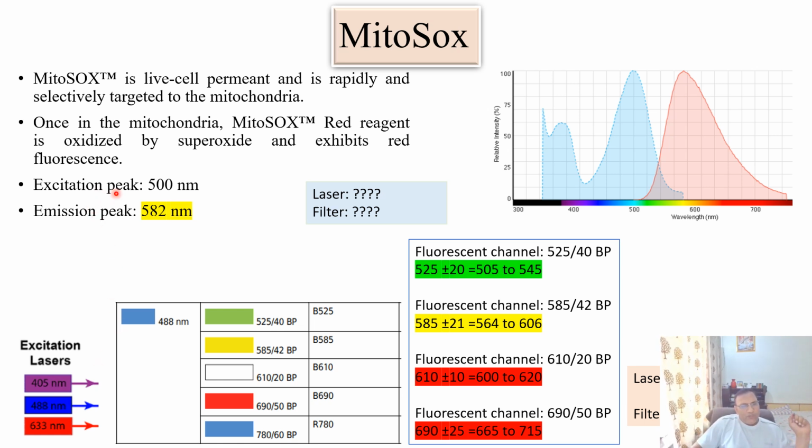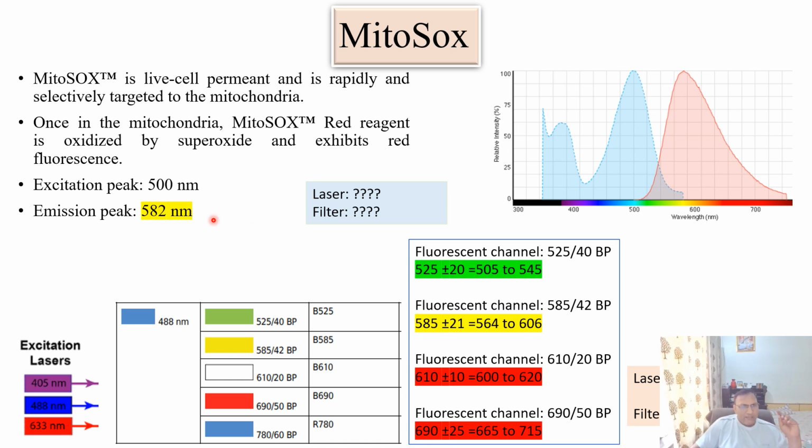So for excitation, laser light is required. For MitoSOX, the excitation peak is 500 nanometers. So we will select the excitation wavelength so that the maximum number of electrons will be excited to emit the maximum energy, or maximum light intensity.